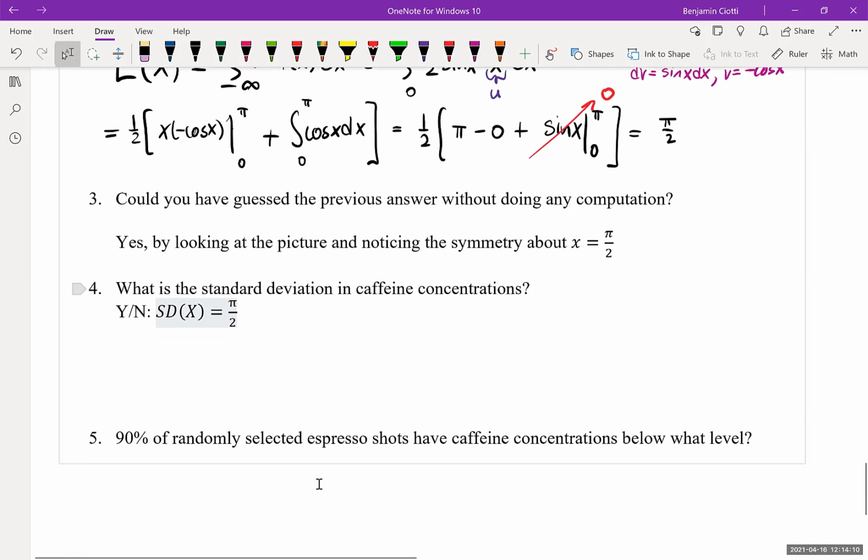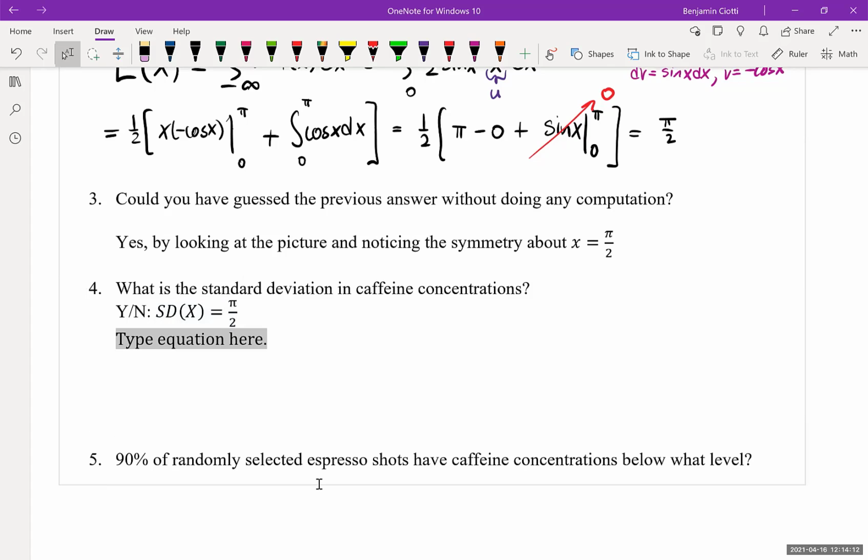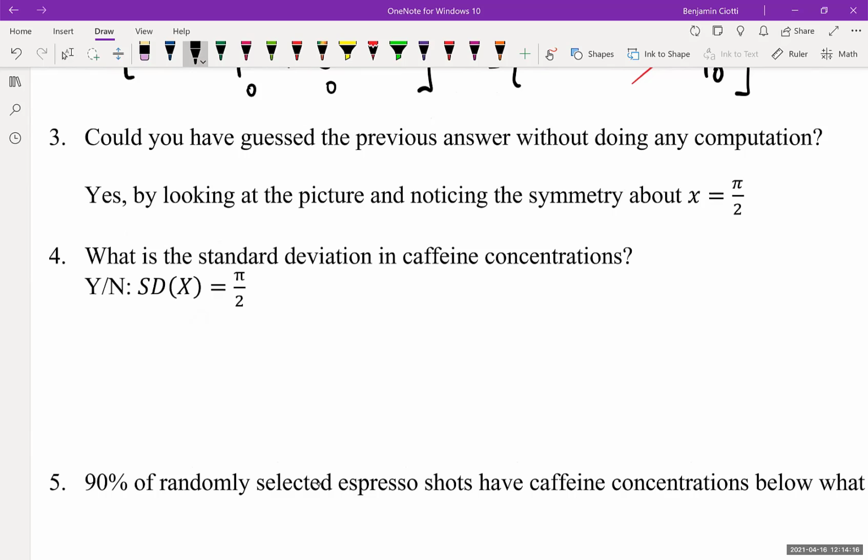Okay, so let's see. The standard deviation is equal to, well, in fact, let me calculate the variance first. So the variance of x is the expectation of x squared minus quantity expectation of x squared.